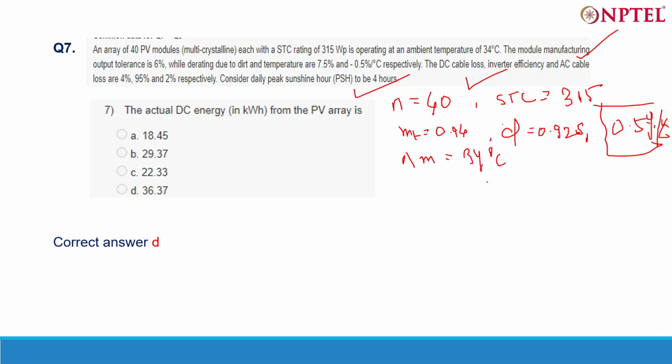If the ambient temperature is given, then multiply it with this 0.5 percent per degree Celsius which is given here, so you will get the voltage drop. Multiplying 0.5 into this, it will be around 17%.